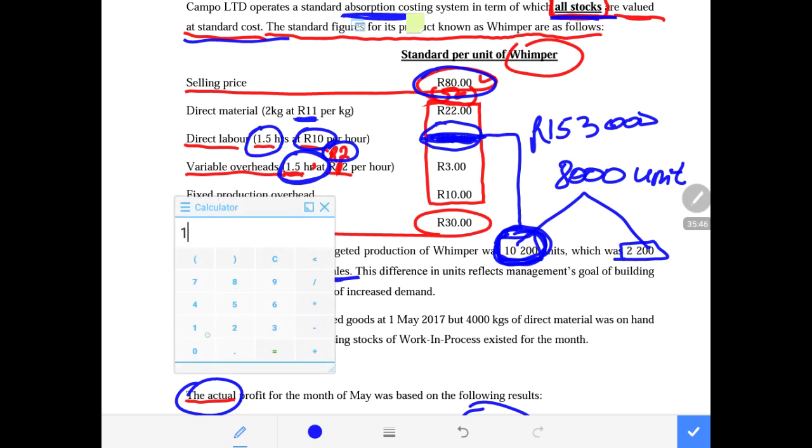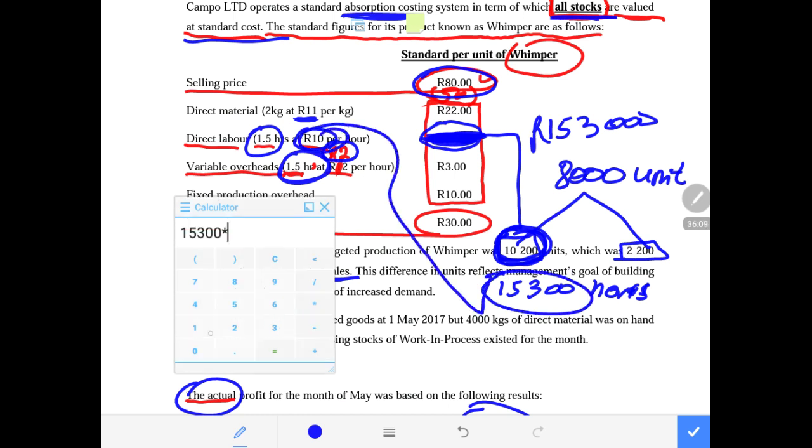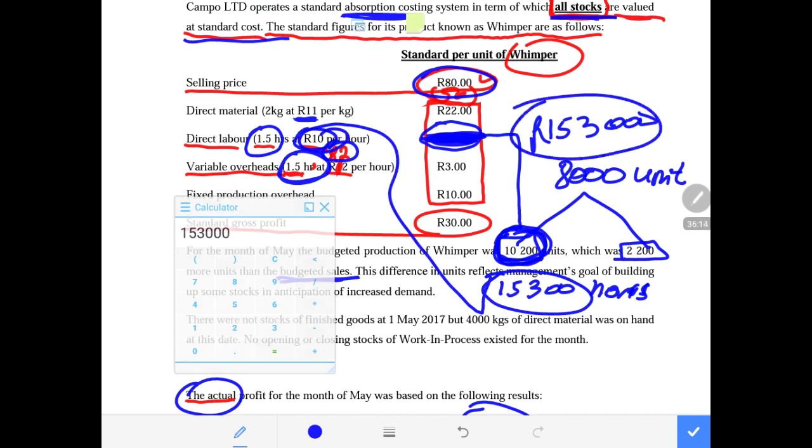So 1.5 hours times 10,200 units gives us 15,300 budgeted hours. When you are given the budgeted hours and not the 15 rand labor cost, you multiply the budgeted hours by the rate per hour of 10 rand, and you still get the same 153,000 rands.